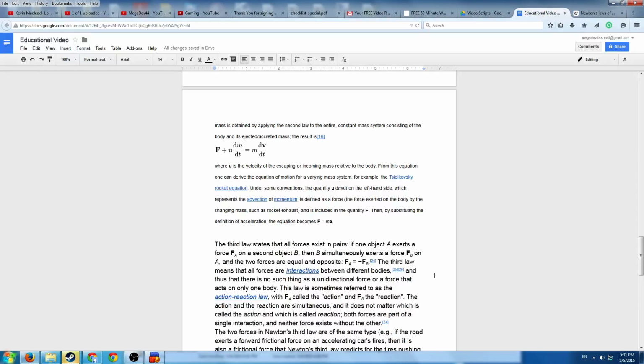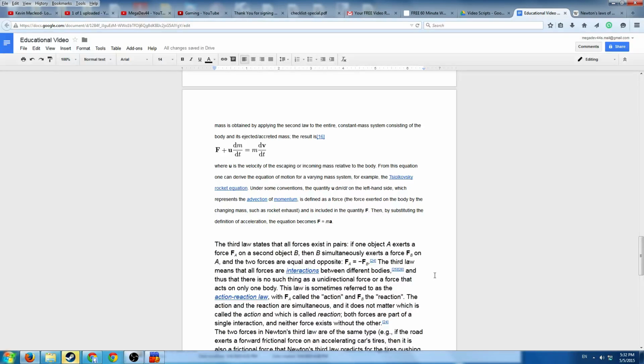Okay. Newton's third law of motion. The third law states that all forces exist in pairs. If one object, A, exerts a force F_A on a second object, B, then B simultaneously exerts a force F_B on A, and the two forces are equal and opposite: F_A equals negative F_B.